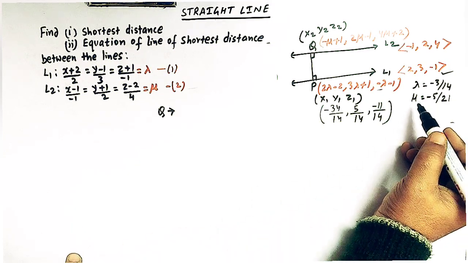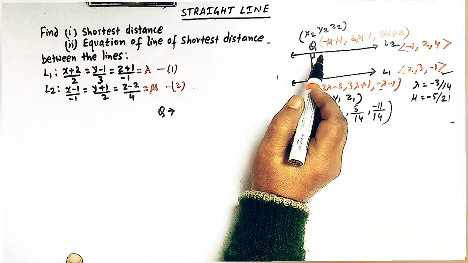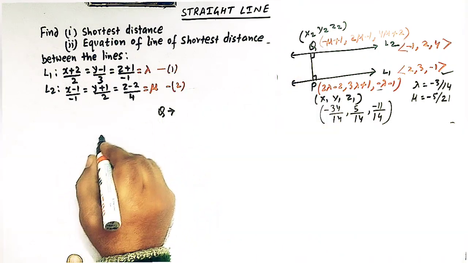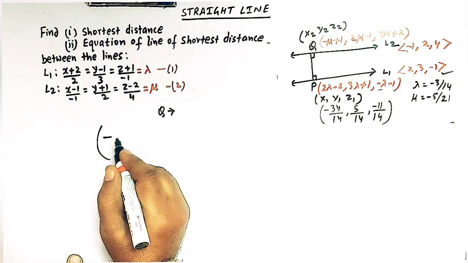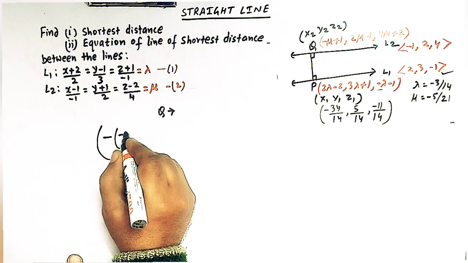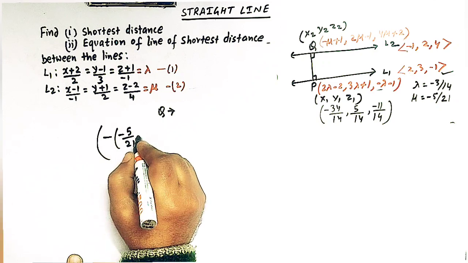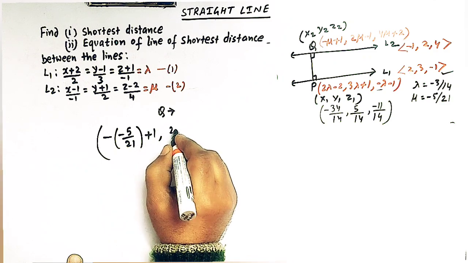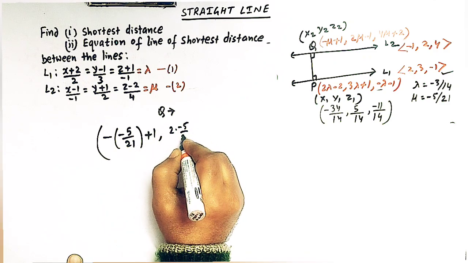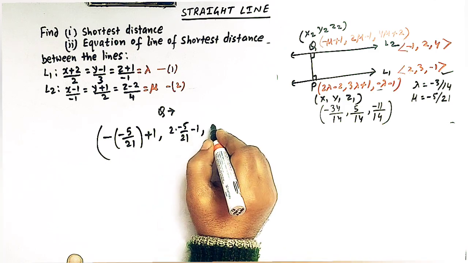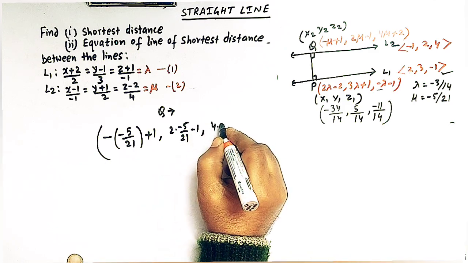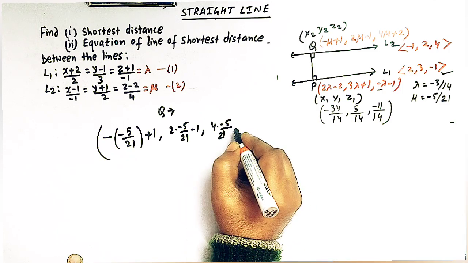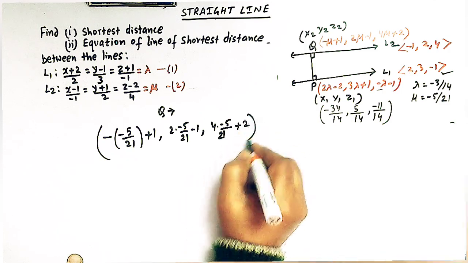So let us substitute the value of mu in this coordinate. So the coordinates of the point Q are given by minus 5 over 21 plus 1, then we have 2 times minus 5 over 21 minus 1, and 4 times minus 5 over 21, and here we have plus 2.